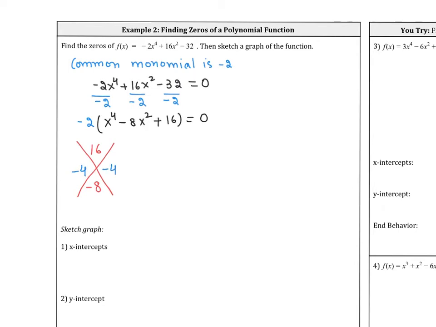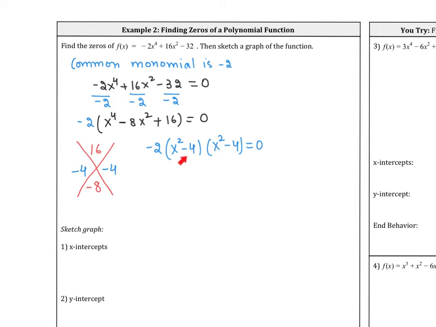Now I'm going to write the negative 2 as it is outside, and the factors are going to be x squared minus 4, x squared minus 4 equals 0. Normally we write x, but here we have x to the 4, so we should write x squared and x squared.